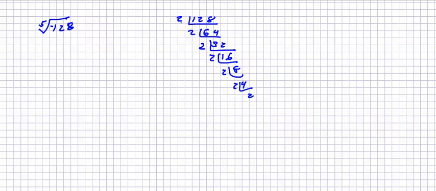Now, we have 1, 2, 3, 4, 5, 6, 7. So negative 128 is equal to negative 2, in parentheses, raised to the 7th power. So, even though I did these with positive numbers, we're thinking negative numbers.